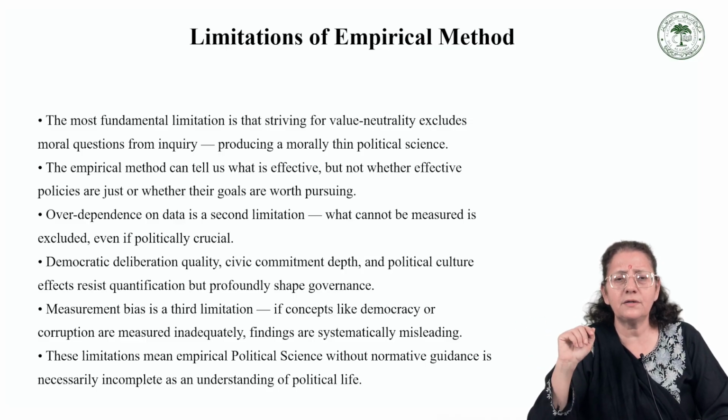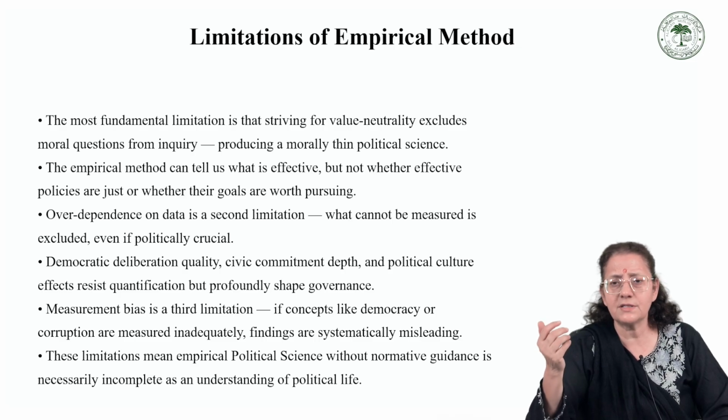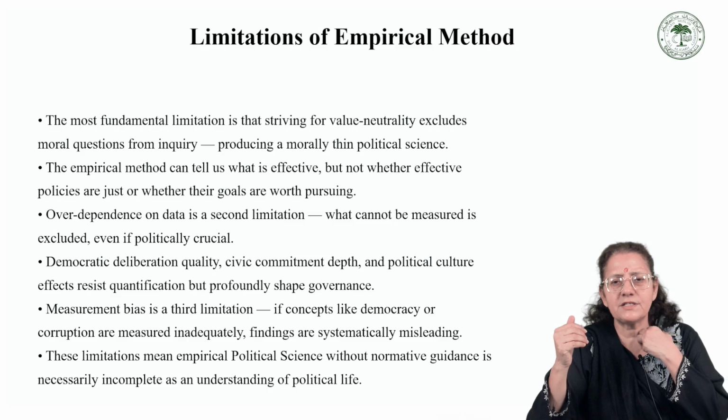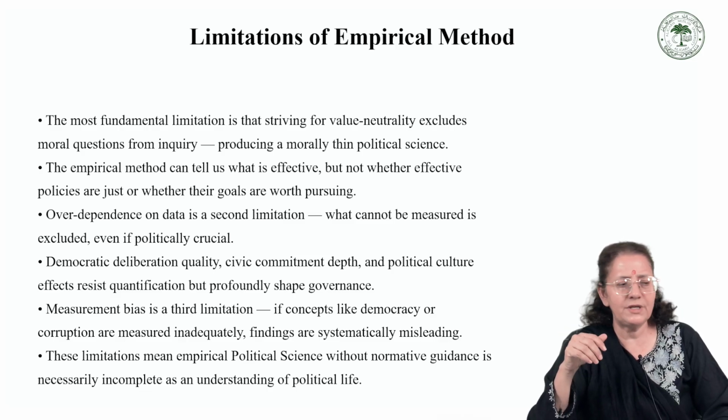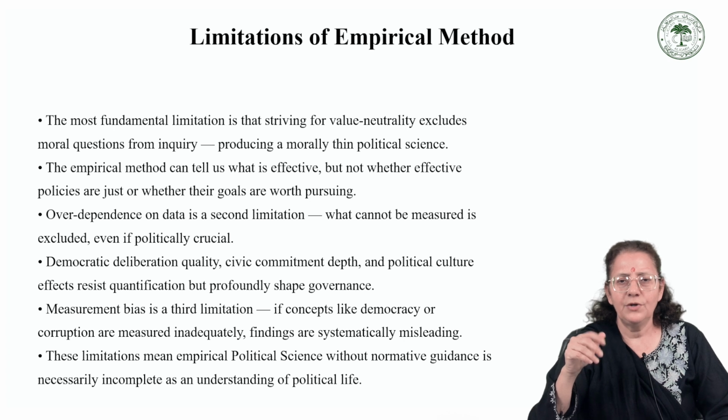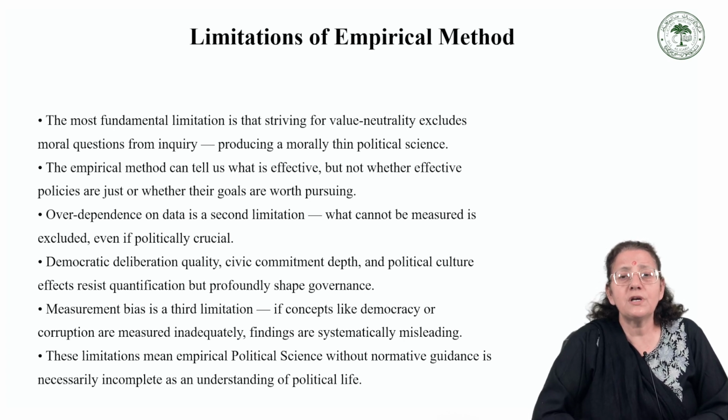The quality of democratic deliberation in a legislature, the depth of civic commitments among a population, the subtle effects of political culture on governance, these resist quantification. The empirical method's systematic focus on measurable phenomena can lead to the neglect of unmeasured but politically crucial variables.